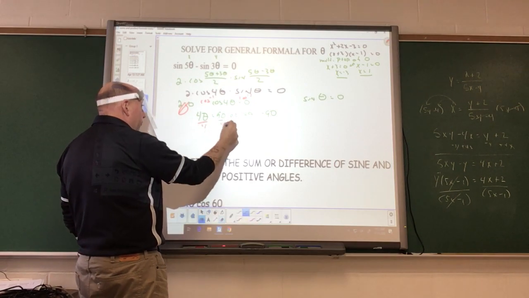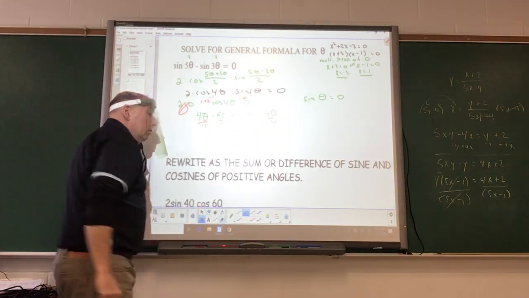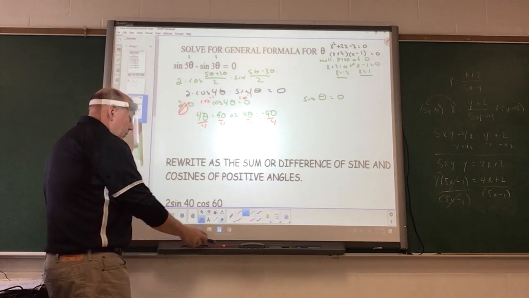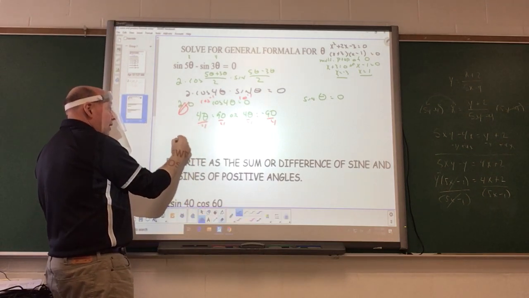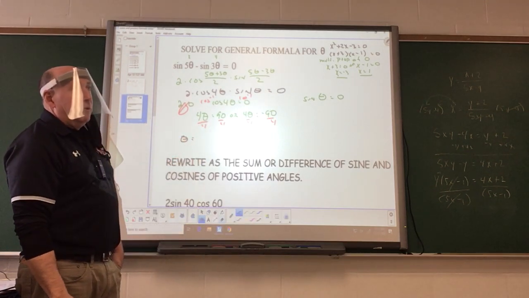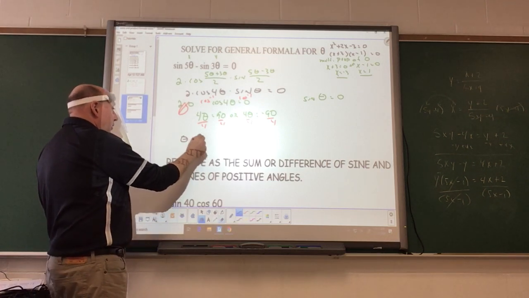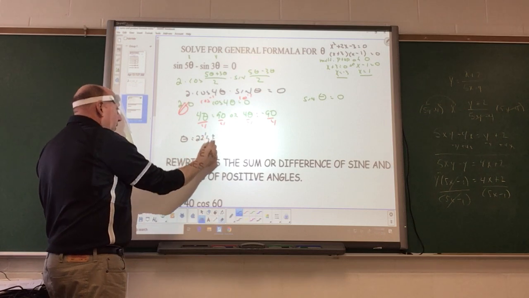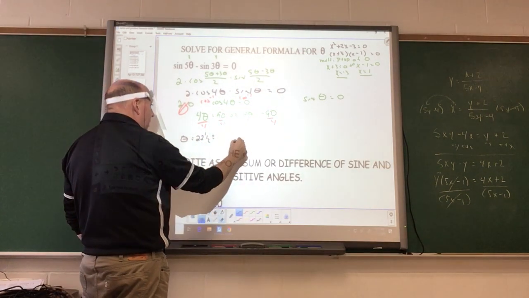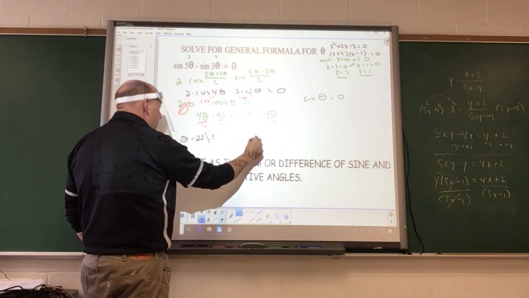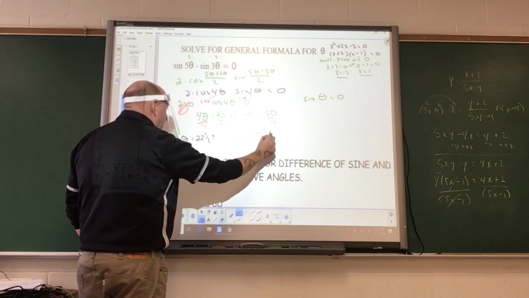Divide by 4. So here we get theta is equal to 90 divided by 4. 22.5. Plus or minus the period n. Here theta is equal to negative 22.5 plus or minus the period n.